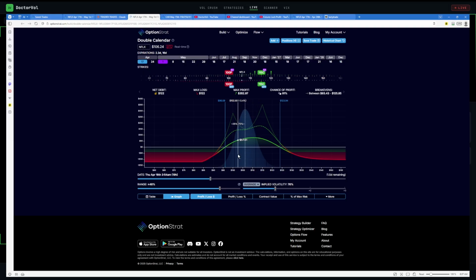But usually that balances out. Usually you'll have a healthy curve after the announcement, and you'll have a chance of capturing some of this move in volatility.